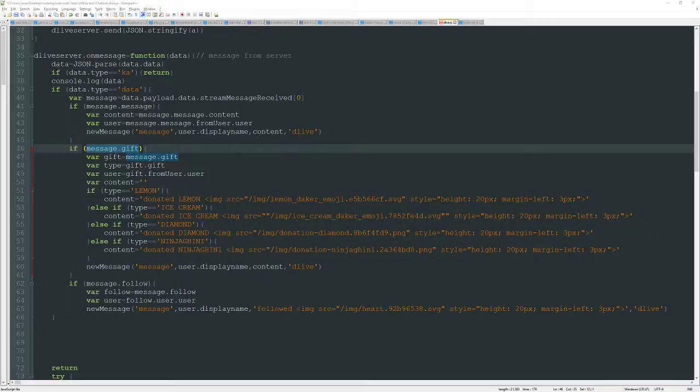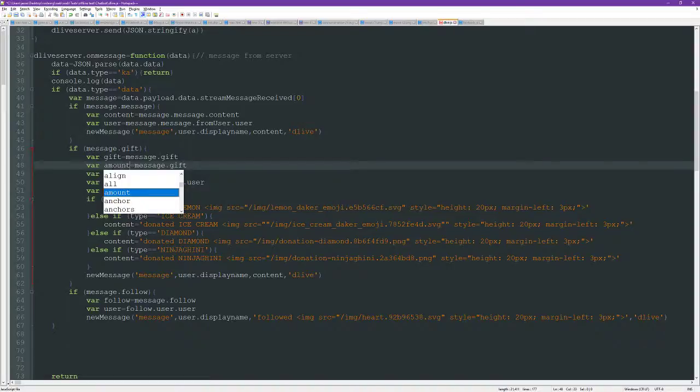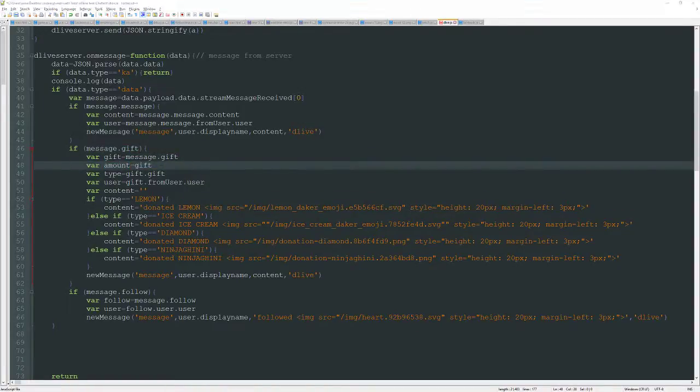Amount seems to only be 1, I assume. We should probably put amount in there as well. Amount. And this is gift amount.